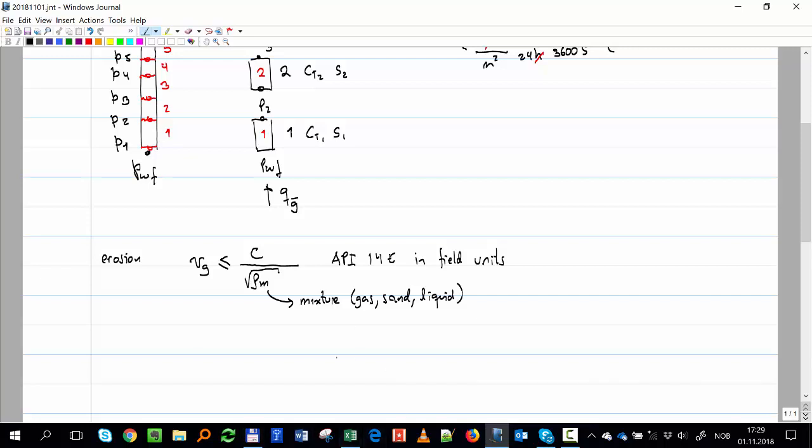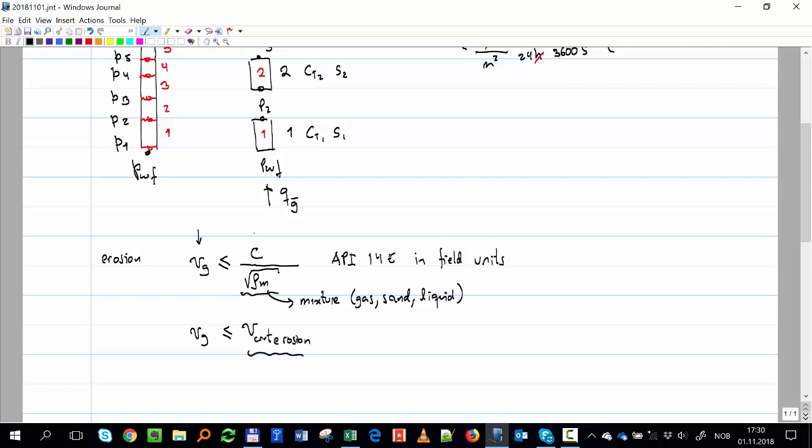So we have this guy here, and we want to calculate now this guy, the critical erosional velocity. The criterion is that the velocity of the gas has to be less than the critical velocity of erosion, and that's what we're going to compute.